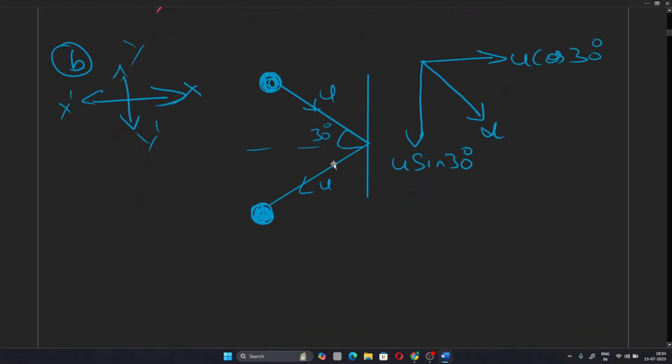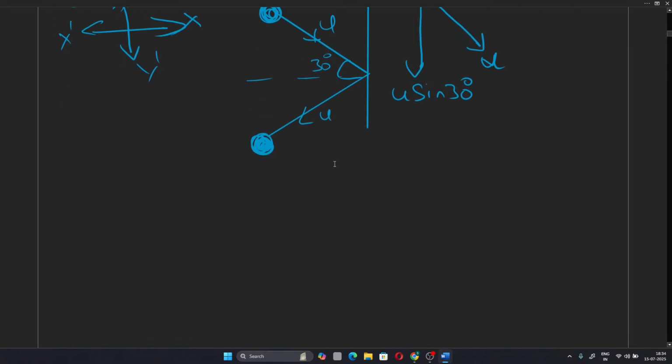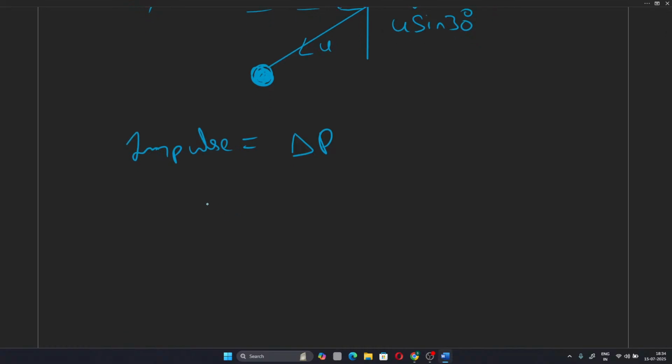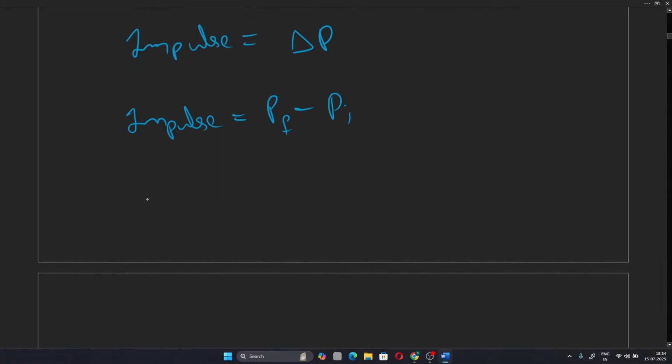When we resolve this vector, we will get this direction, and we know that impulse equals change in momentum. P is the representation of momentum, so impulse equals P final minus P initial, and in case of the x and y axes, impulse in the x direction equals Pfx minus Pix.